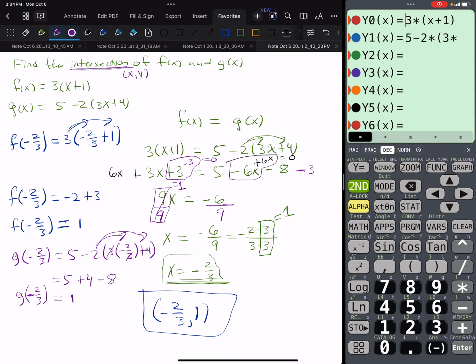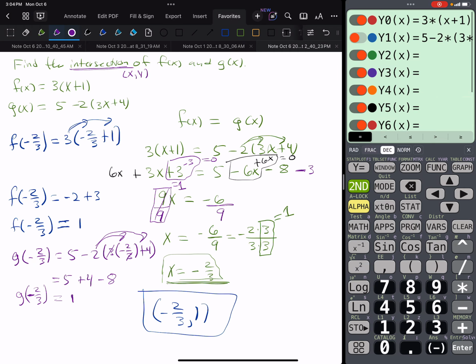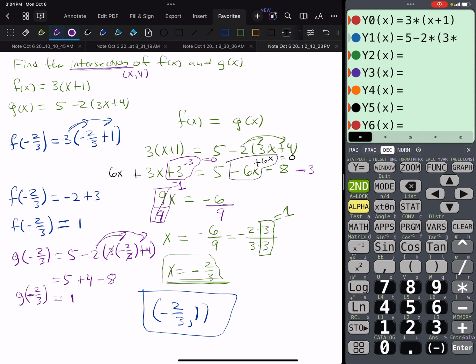So what I would do is I would go in here, and we'll go ahead and disable rather than remove Y1. We'll go ahead and disable Y1. But what I'll do here is I'll then go, rather than just do that equation, I'll say minus, put parentheses here, and I'm going to type in the entire equation for my Y1. So I'm going to have 5 minus 2 times, then open parentheses, 3 times, oops, said it right, typed it wrong, 3 times x plus 4.